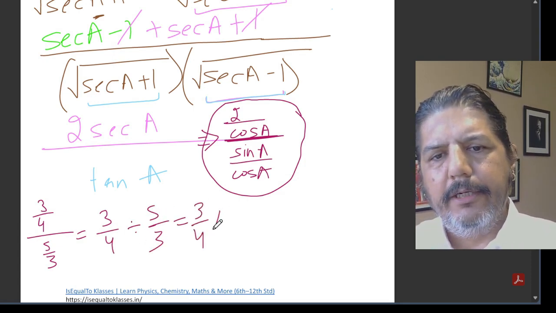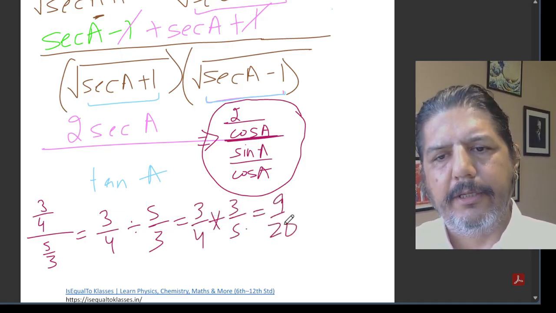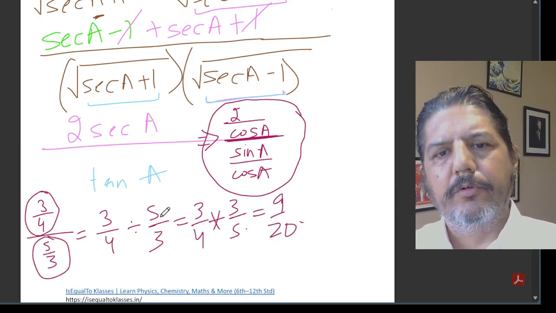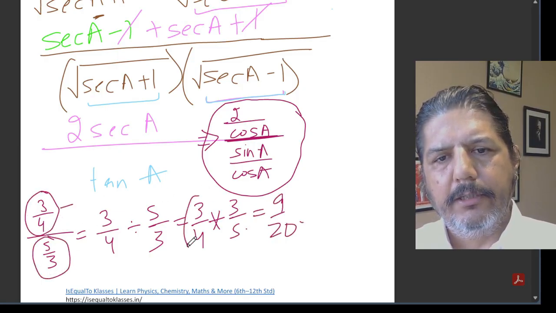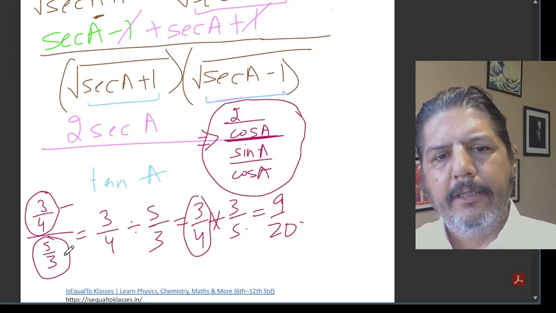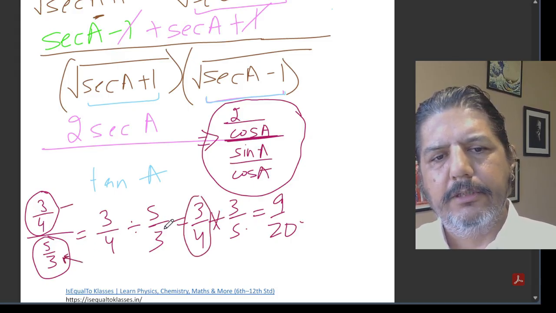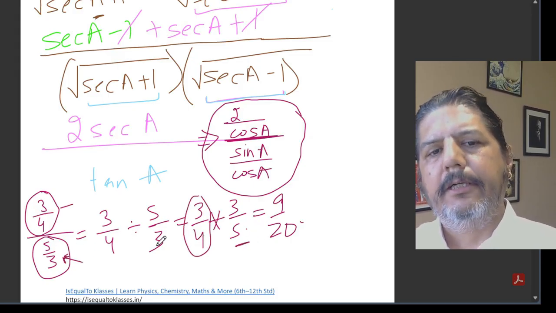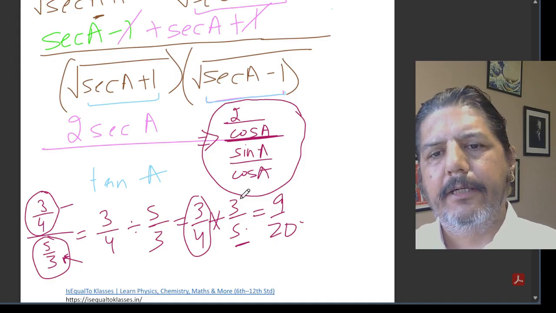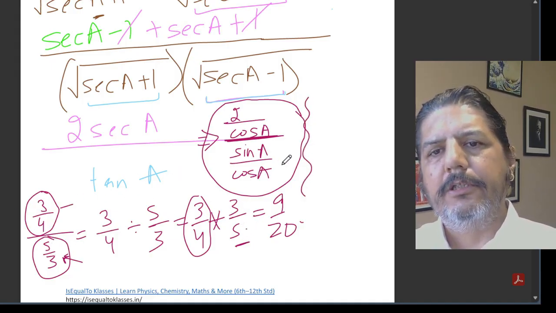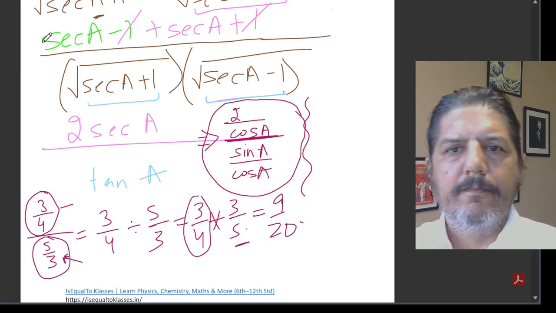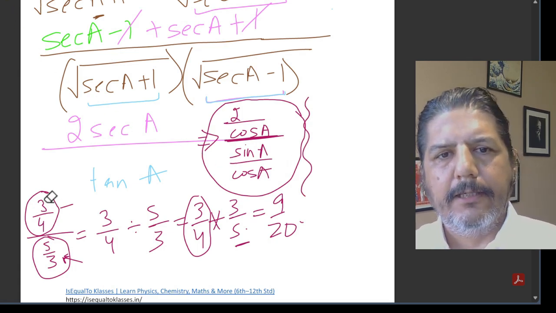So 3 by 4 into 3 by 5, 9 upon 20. So basically, this fraction divided by this fraction would be equal to the numerator multiplied by the reciprocal of the denominator. So here it was 5 by 3, here I have written 3 by 5. So this is how these kinds of divisions are handled.